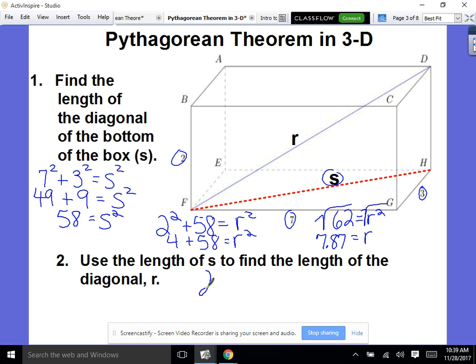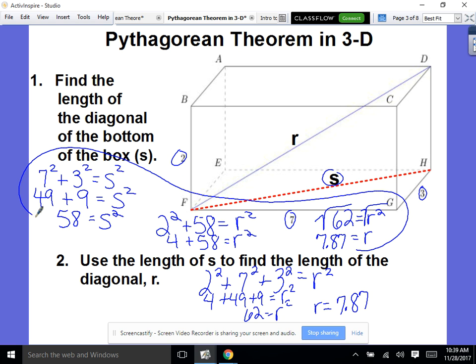So let's say 2 squared plus 7 squared plus 3 squared equals R squared. 4 plus 49 plus 9 equals R squared. So R squared equals 49 plus 9 is 58 plus 4 is 62. So this is a shortcut version that you can use. So R, the square root of 62, is 7.87.